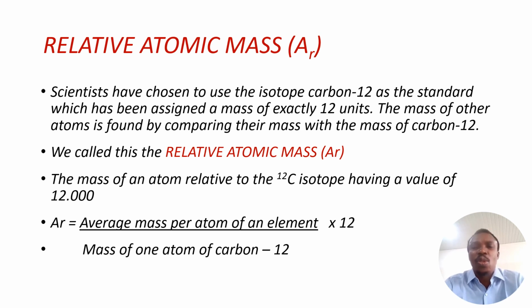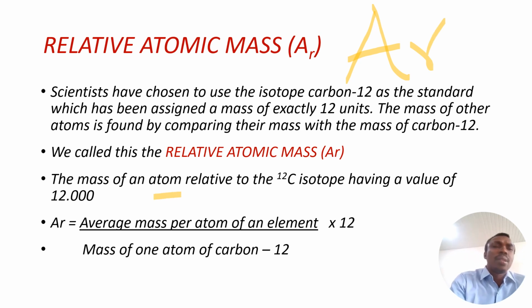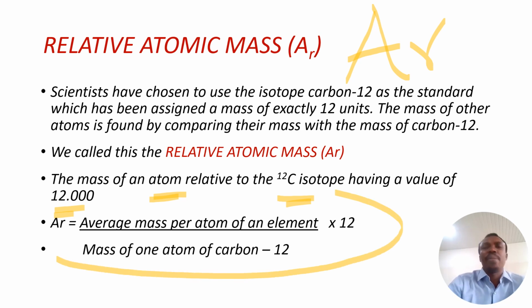So carbon 12 is used as a reference standard. So relative atomic mass, which is AR, is equal to the mass of an atom relative to carbon 12 isotope having a mass of 12 units, or it can be represented in this form.